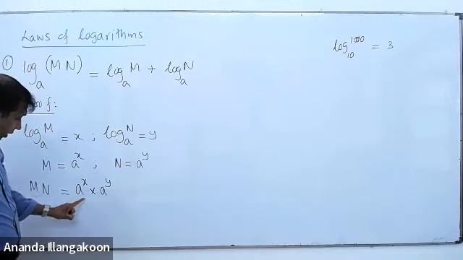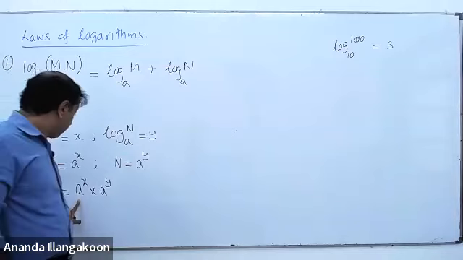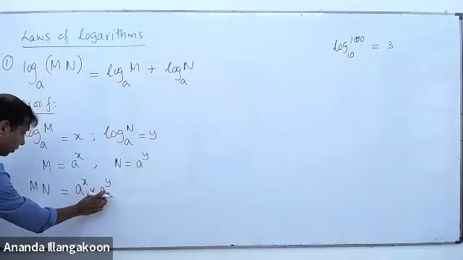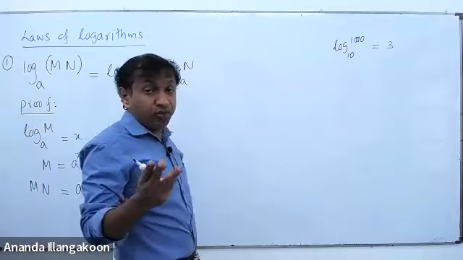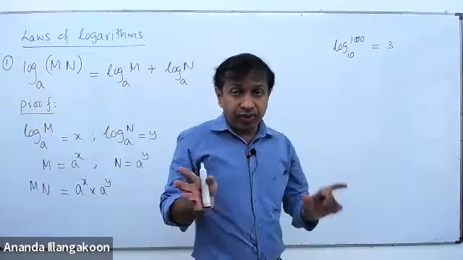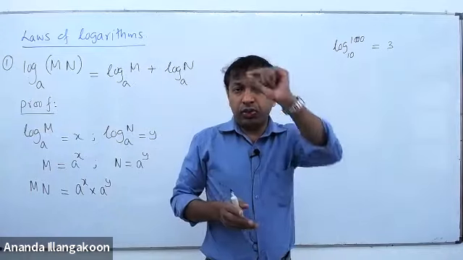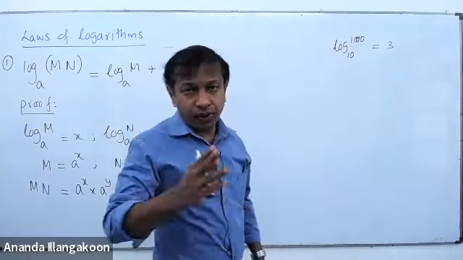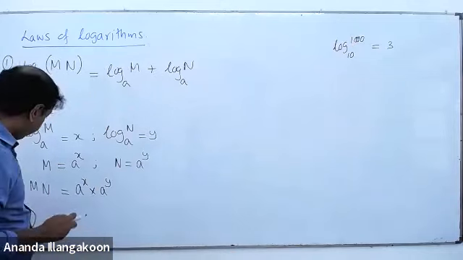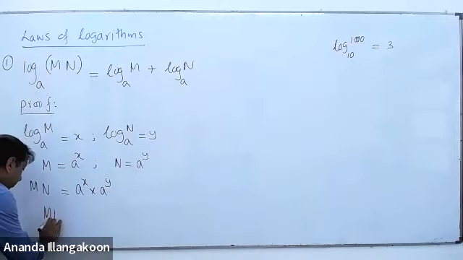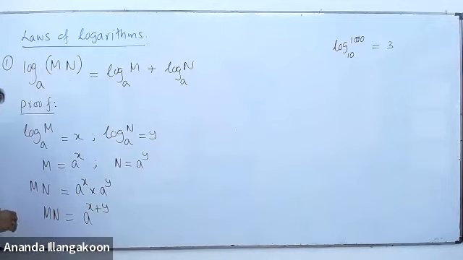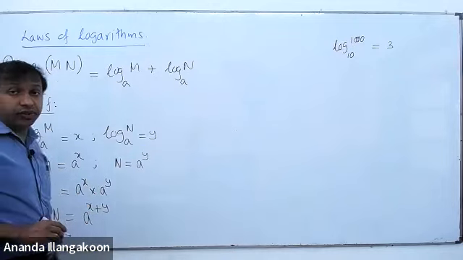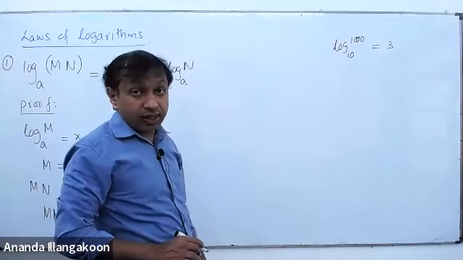Now, when we multiply like this, this base and this base are equal. Then, by using the first index law we learned, when the bases are equal and they are multiplied, the powers we can add. Now we can apply this law here. Then what do you get? a to the power x plus y coming. Correct, no? Adding this and this. That is by using the first index law we learned last week.